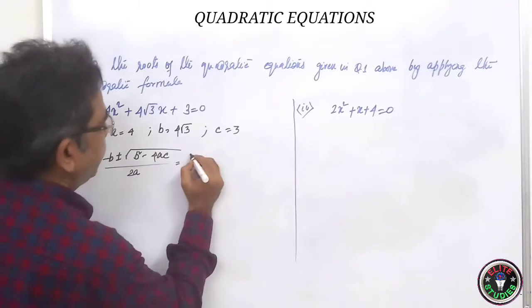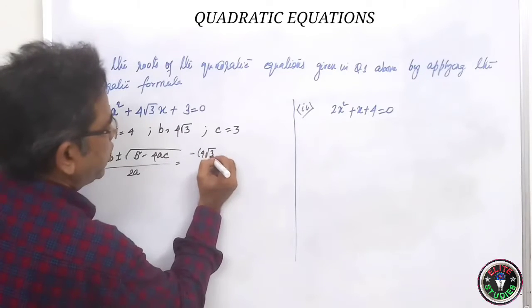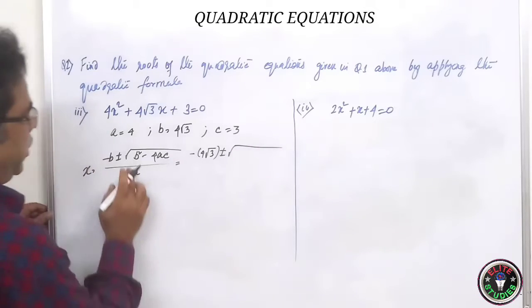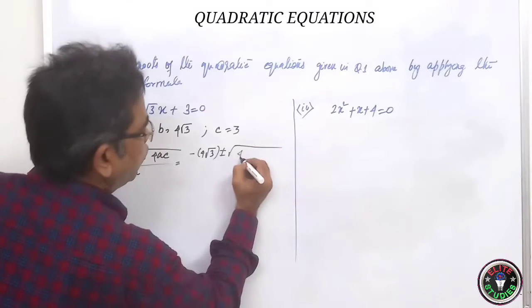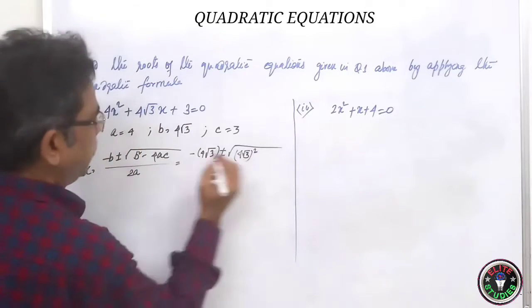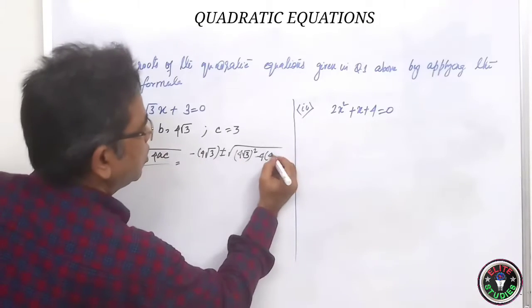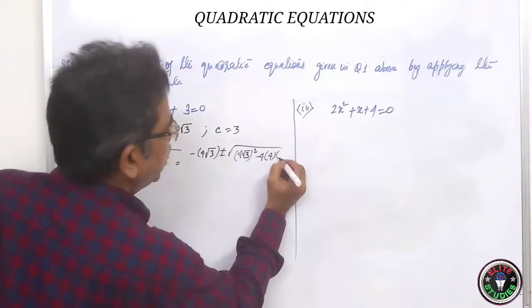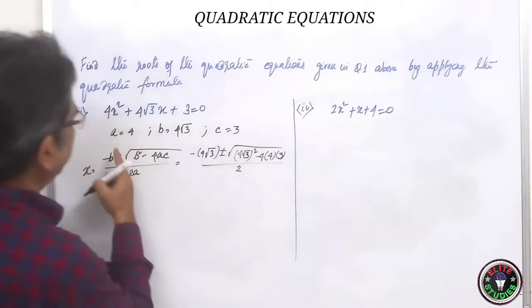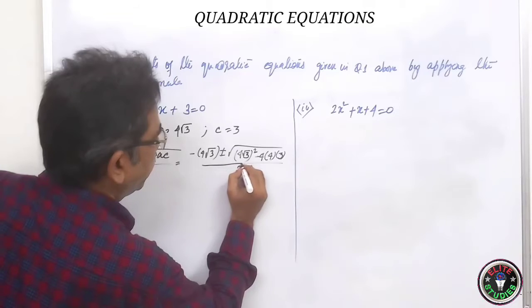So it will be minus b, which is 4 root 3, plus minus root over of b square, 4 root 3 square, minus 4, a is again 4, c is again 3, by 2a. a is 4.